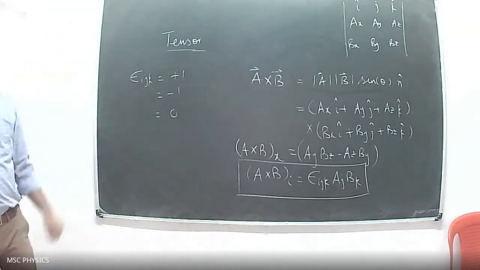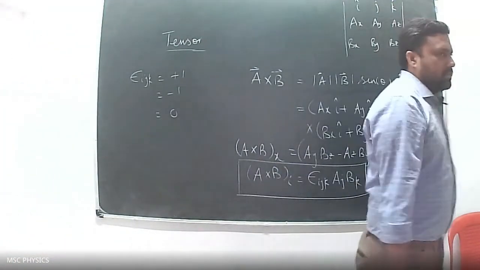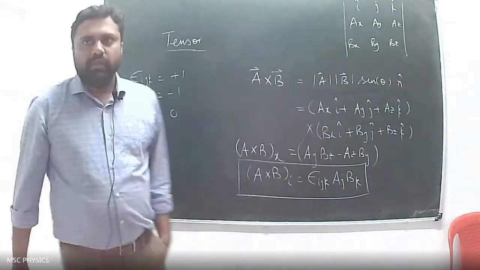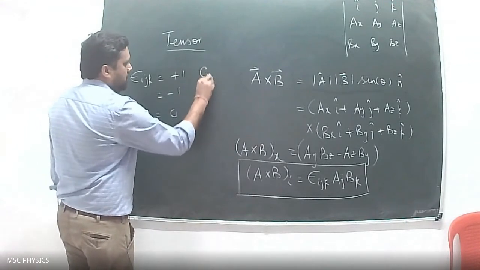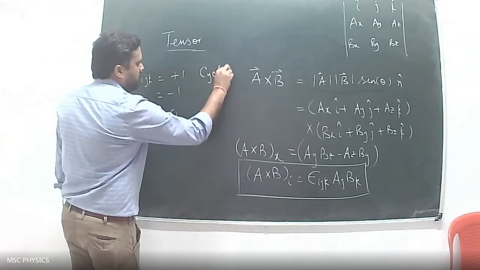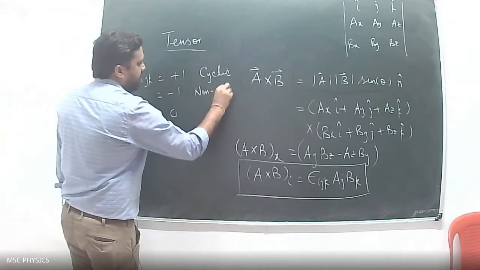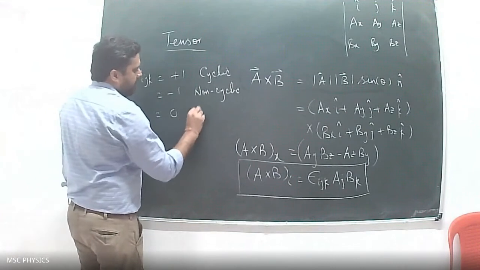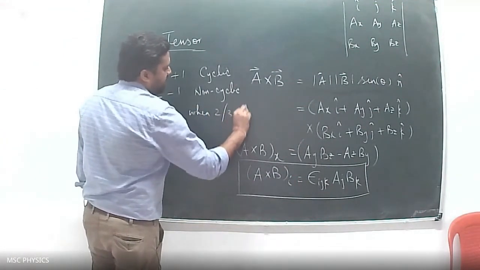When will they be +1? +1 when the indices are in cyclic order. It will be -1 when it is non-cyclic. And it will be 0 when any 2 of the 3 indices are the same.